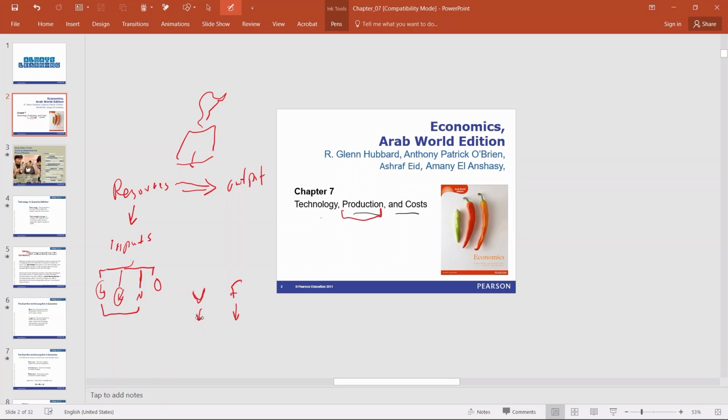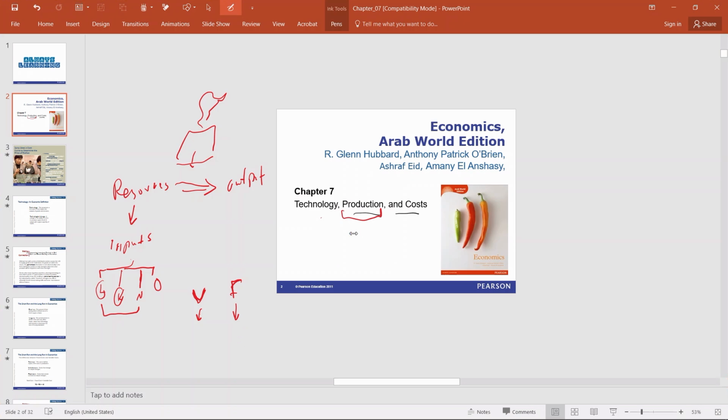So all these inputs are variable. But fixed inputs like building, land, may not change with the level of production in the short run, but maybe in the long run, if the company wants to expand its operations, it could hire or get more land or get more buildings.